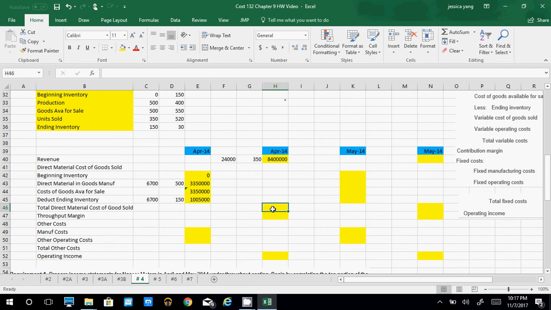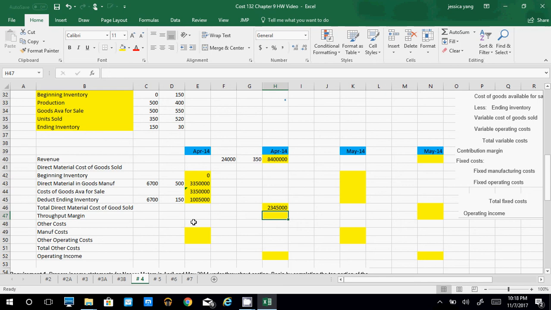To arrive at total direct material cost of goods sold, we take cost of goods available for sale of $3,350,000 and subtract ending inventory of $1,005,000, which gives us $2,345,000.